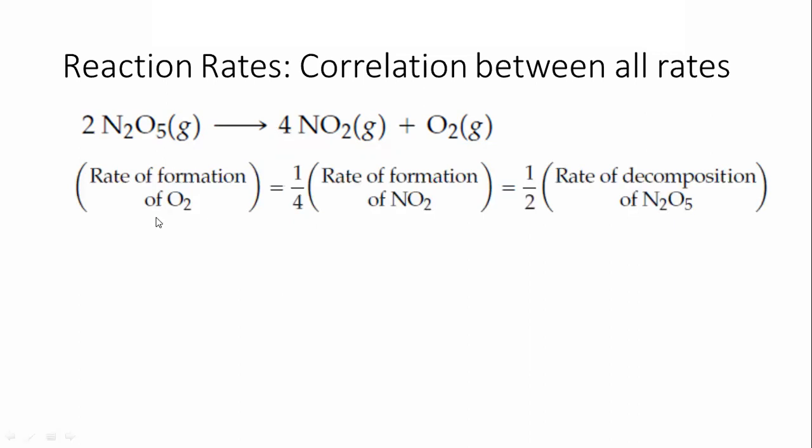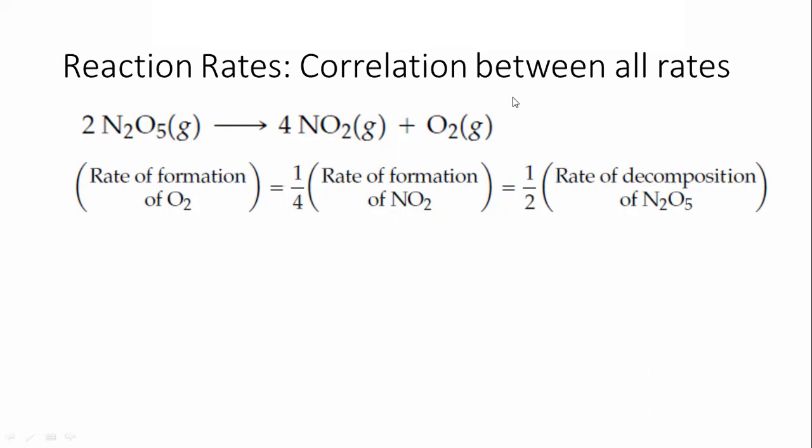Here are the rates which we have already discussed before. It is the rate of formation of oxygen. You can write the oxygen on the left side or the right side, it is up to you.